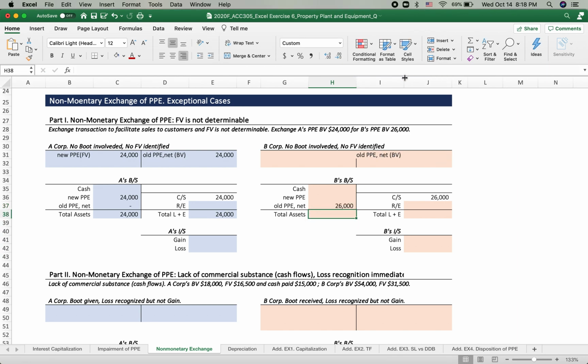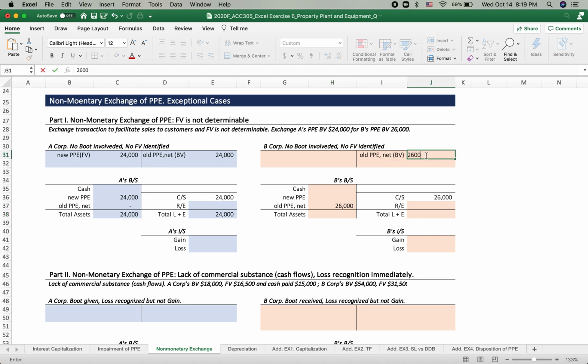And then when you receive the book value of A's PP&E, $24,000, when the B company exchanges it, now the new PP&E from the A company is therefore $24,000.